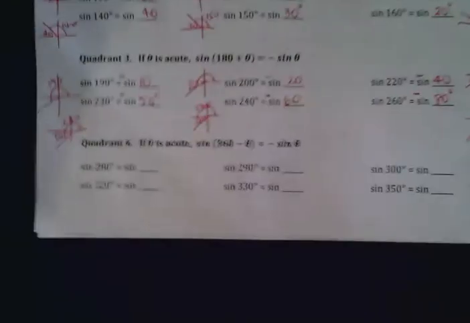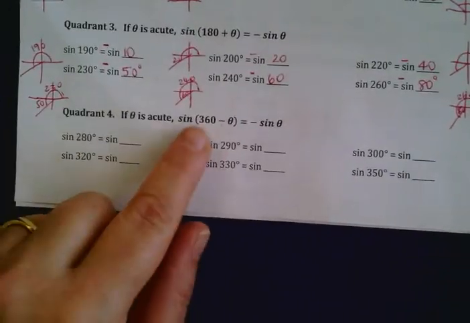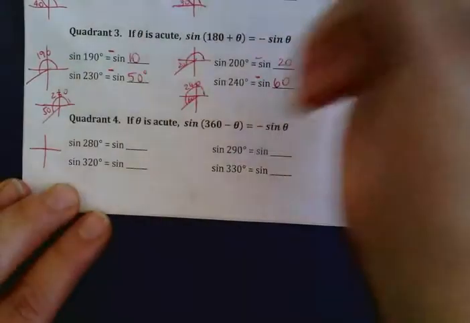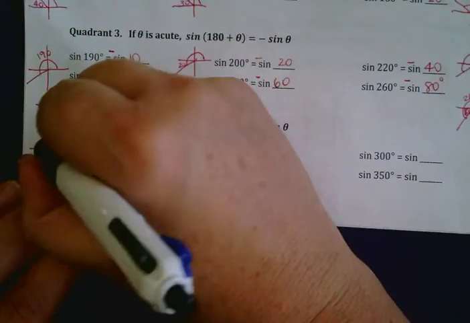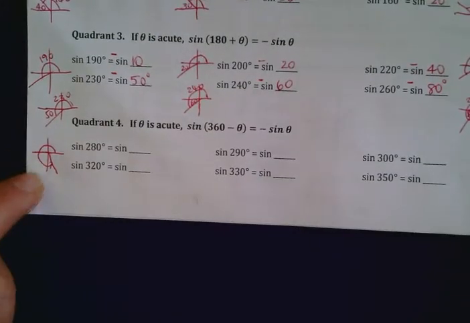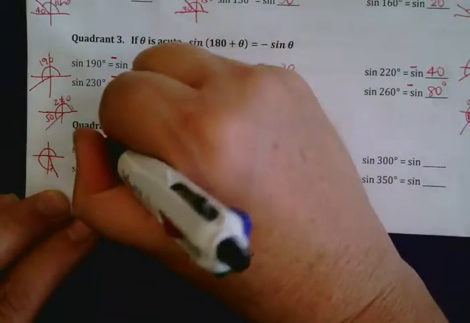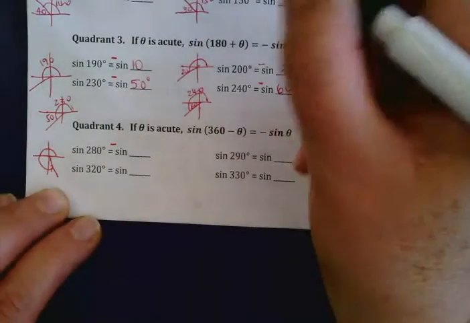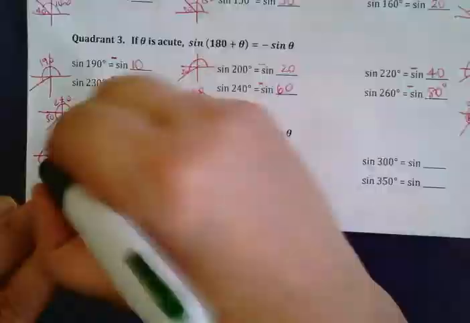Now, in quadrant 4, same thing. Sine of 360 minus theta. But I just prefer to draw it instead of learning the rule. So 280 would be here. Because, you know, you've got 0, 90, 180, 270. What's left over to make the full revolution?